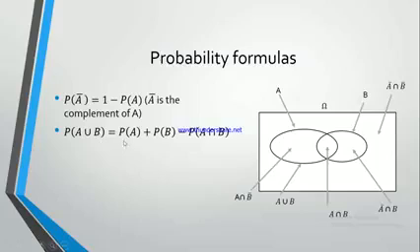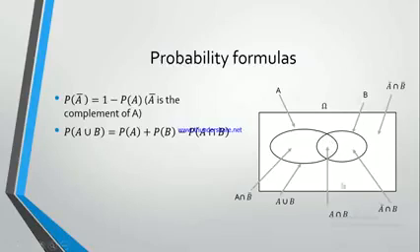Probability of union, so A union B is A plus B, and when we take A, we have taken the intersection, and when we take B, we have taken again the intersection, but the intersection exists one time.